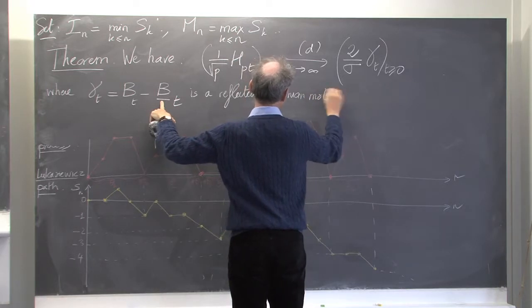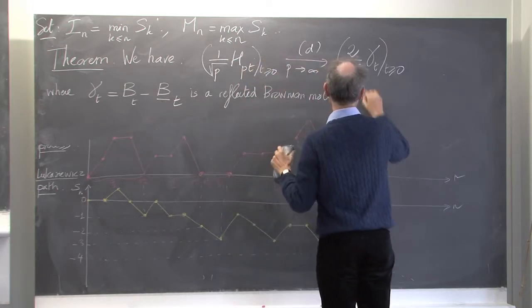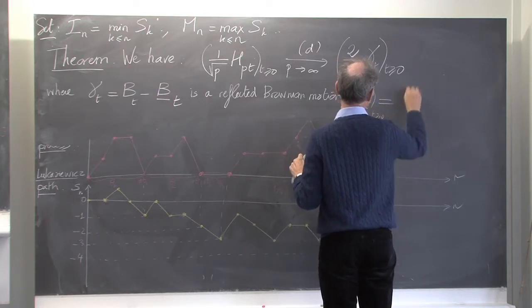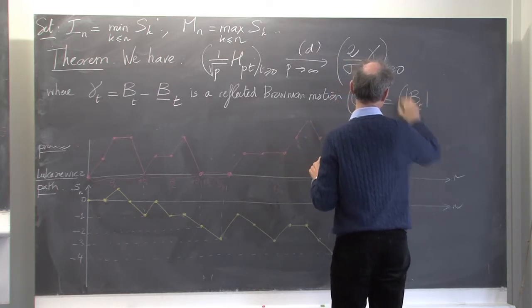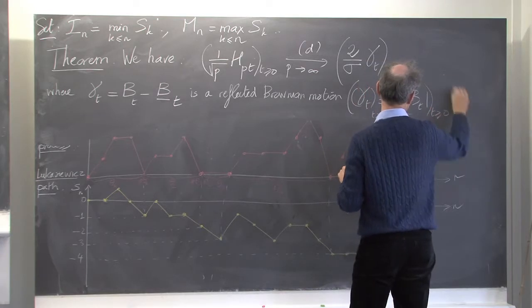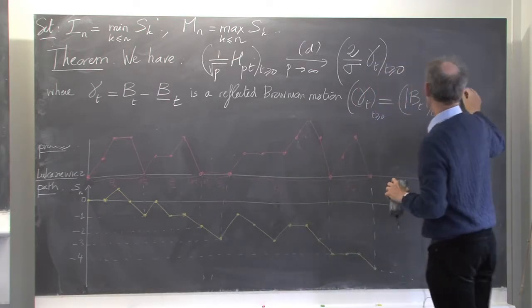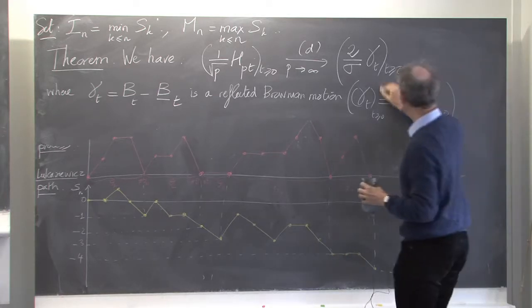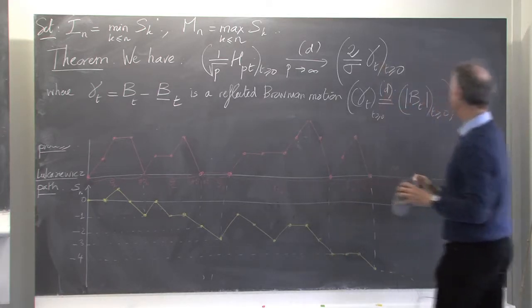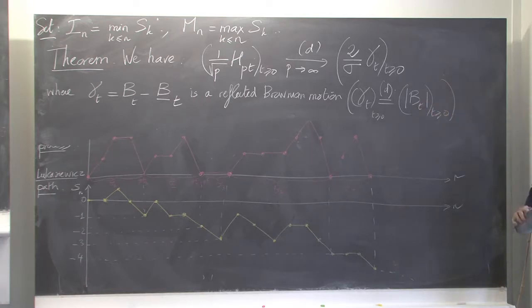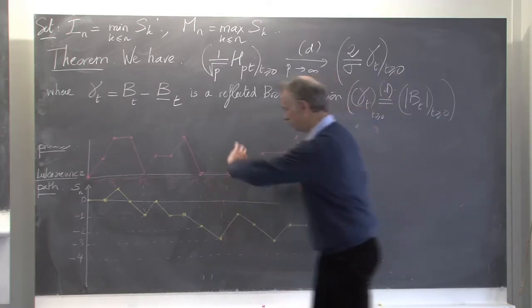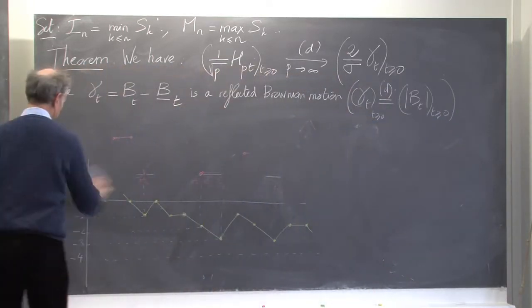Reflected Brownian motion is the same, if you want, as the absolute value of a Brownian motion. So gamma t has the same distribution here as the absolute value of a Brownian motion. So maybe I can draw a couple of pictures to explain that.